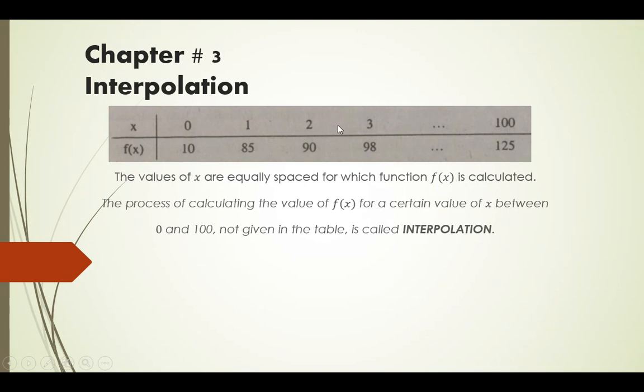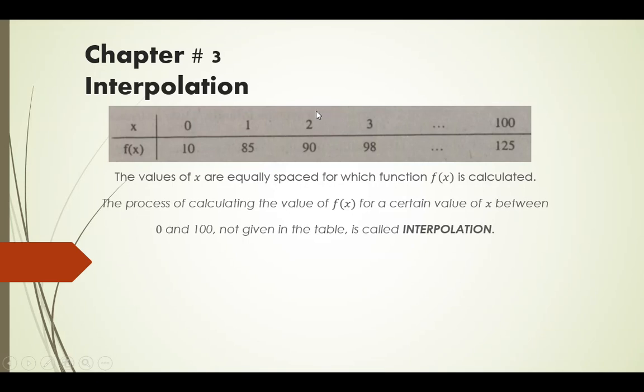For example, if somebody asks us to find the value of f of x for a value of x which is not included in this table, for example 2.5, and somebody asks us to find the value of f of x for x equal to 2.5.